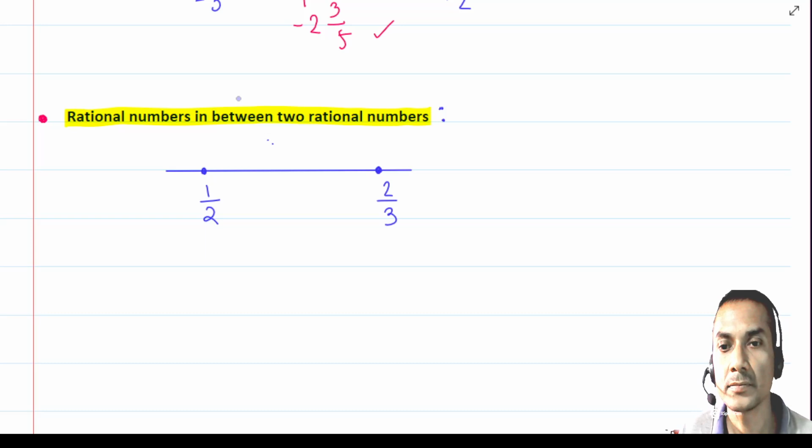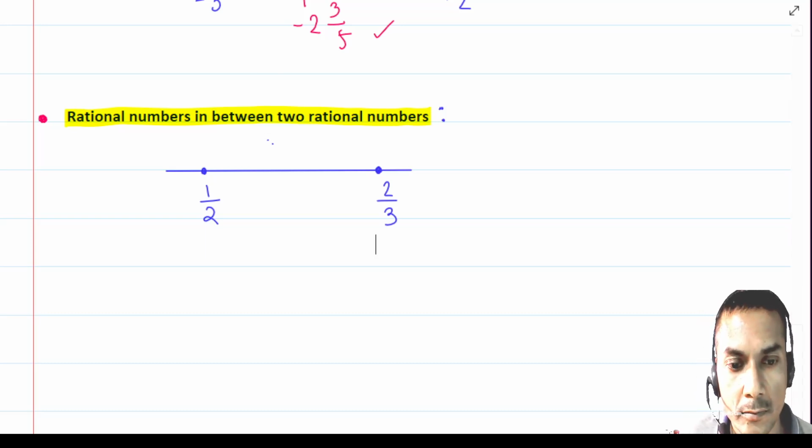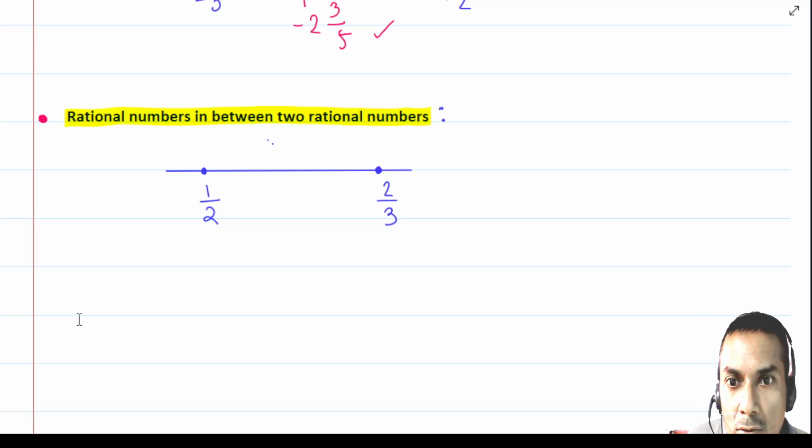Clear? So suppose the question is that you have to find one rational number in between half and 2 by 3.